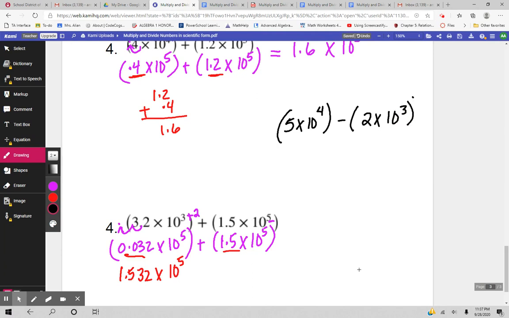Okay, so we need matching powers first. This has got to go up 1, so we add 1 here. Well, we made this number bigger by a power of 10, so we've got to make this smaller by a power of 10. It's going to move the decimal from here to here. So then we end up with 0.2 times 10 to the 4th power.